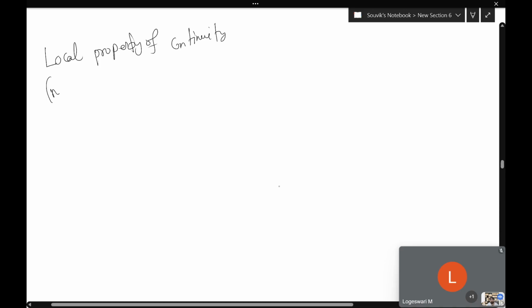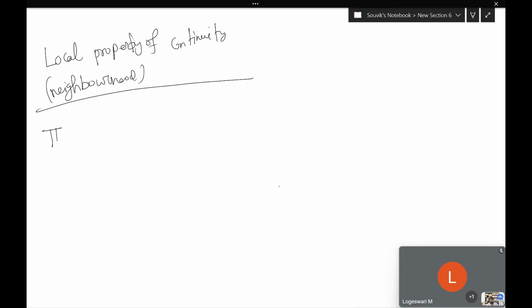This is known as the neighborhood property. What does this tell us? I believe that this has already been done, but just for the sake of recall, I think it's better to recall this again.